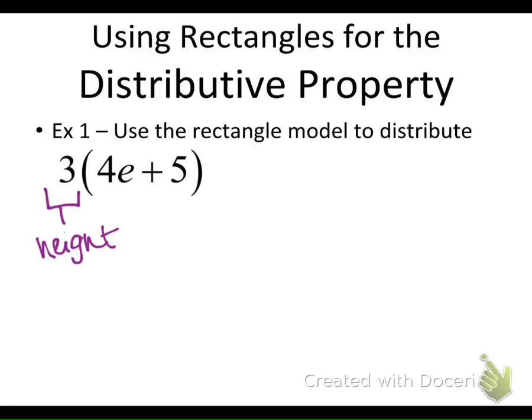So on your notes, when you have that example 1, if you guys want to write this in there, that 3 times 4e plus 5. And underneath that, I would like for you to write height. So you know that the first number in this problem is the height for your rectangle.